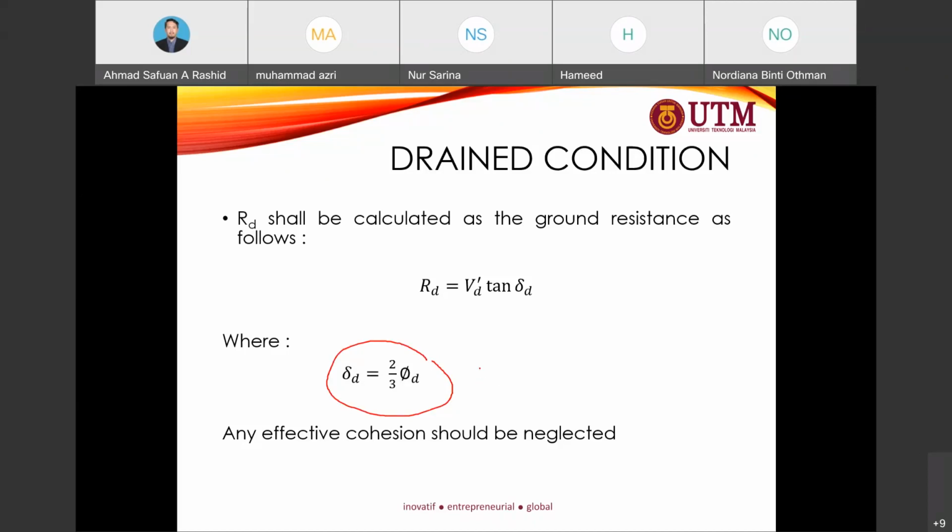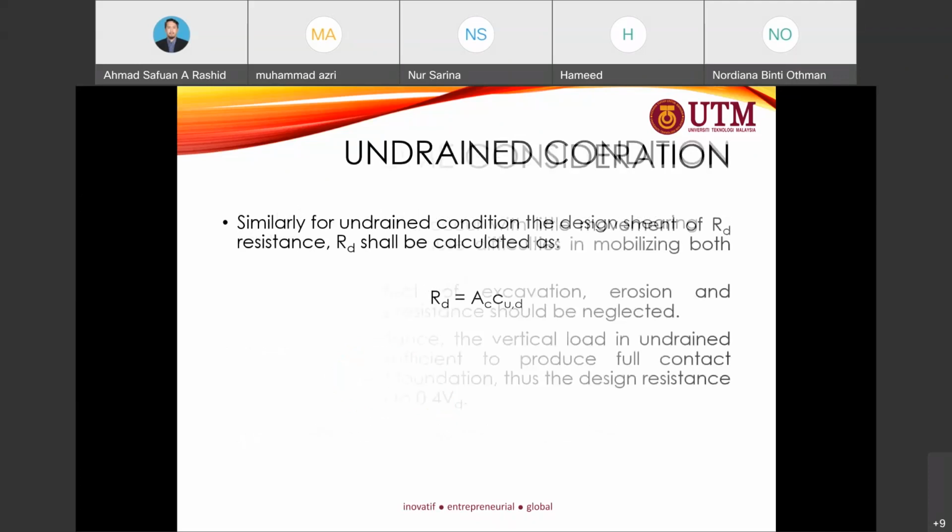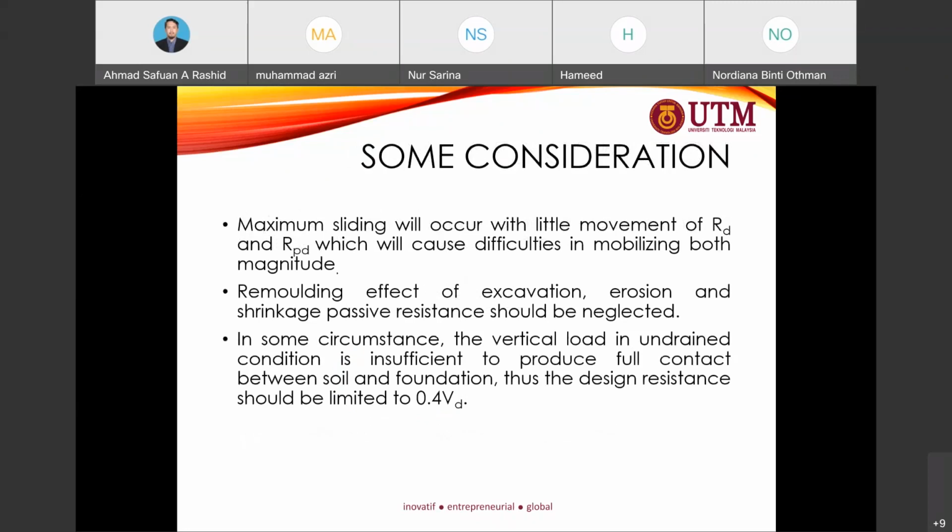Then for the undrained condition, the shearing resistance RD should be calculated as A c_u;d. So that is additional information for the shearing resistance. Some consideration: maximum sliding will occur with little movement of RD and RPD, which will cause difficulty in mobilizing both magnitudes.